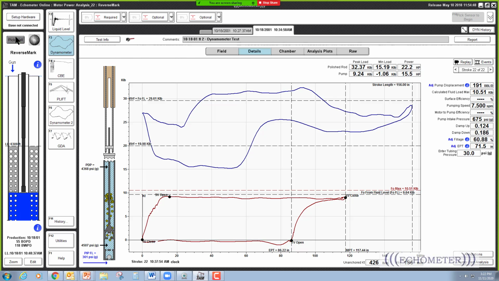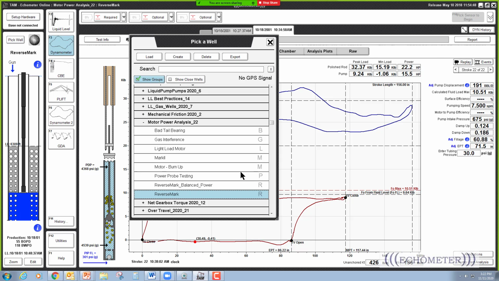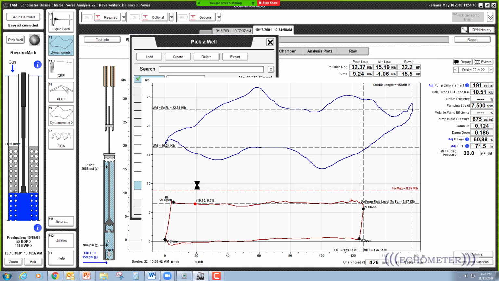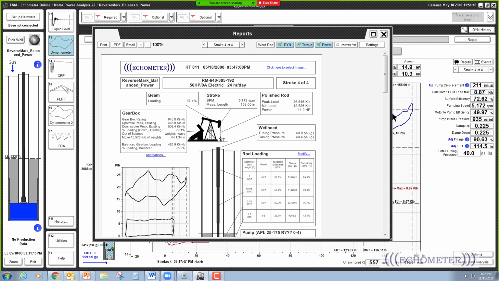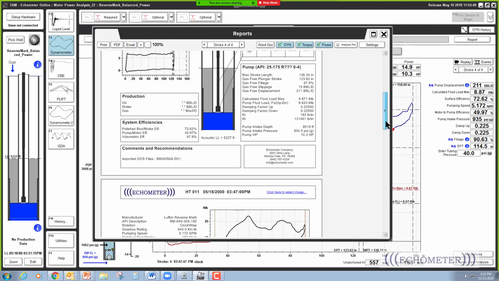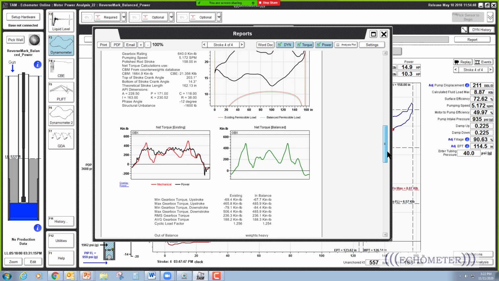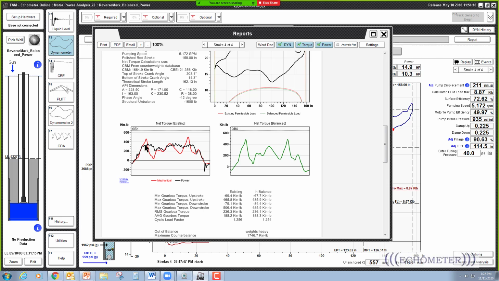So if I go look at the data that Ken provided to me, this one is a great example where the pump is full. This is a well up in North Dakota. If I go to the report right here and scroll down to this part, this is what I wanted to show you. Look how the torque is not exactly, but almost constant.